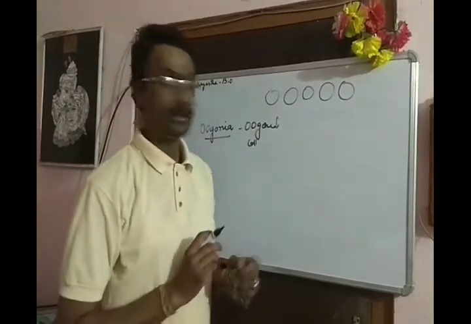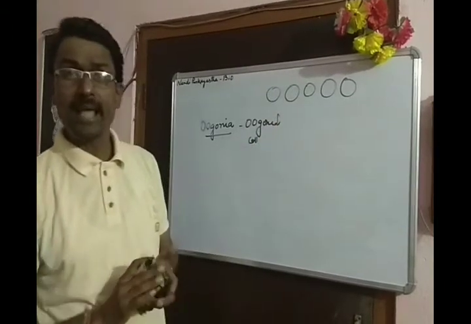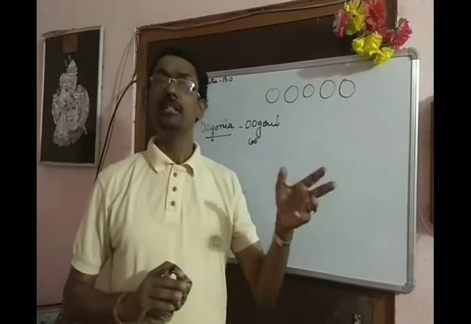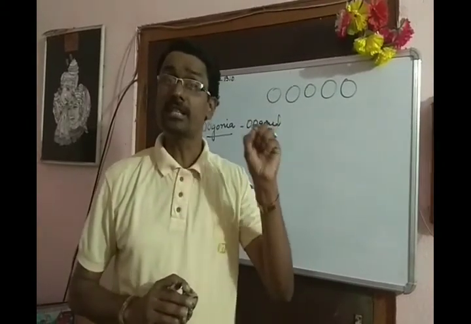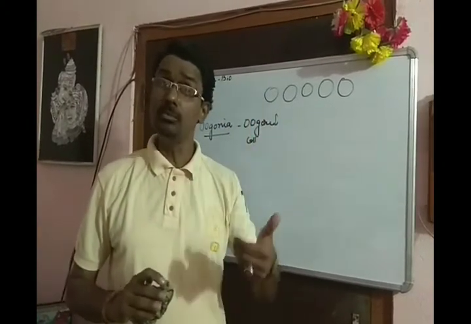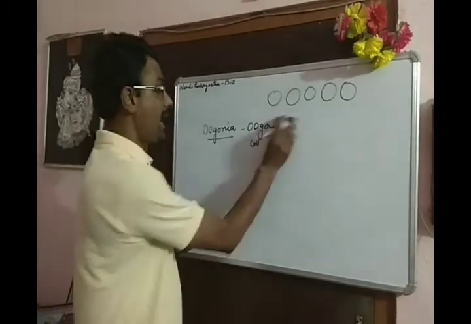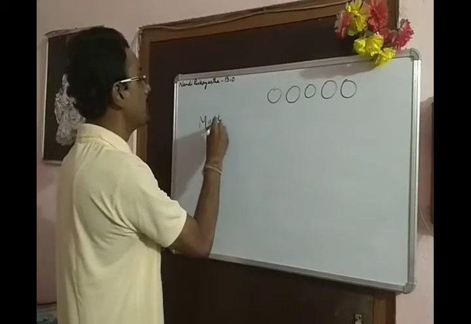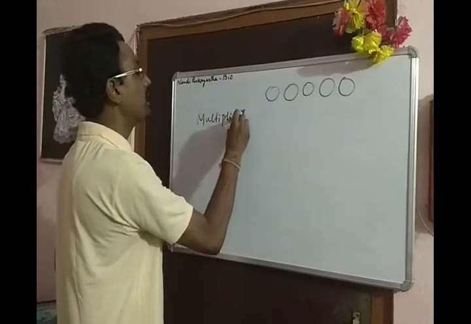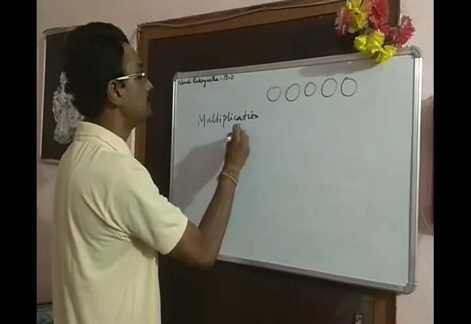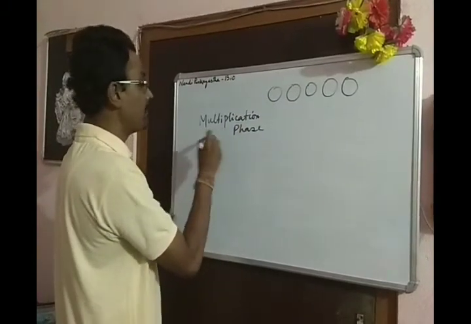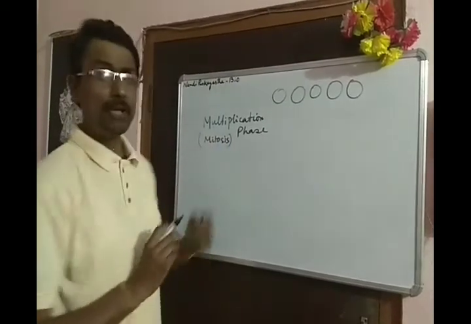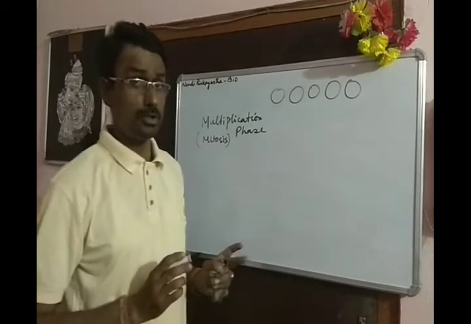These oogonial cells are produced when it is in the fetus, inside the mother's womb. They undergo the multiplication phase, that is mitosis, that is equational division. Understood?